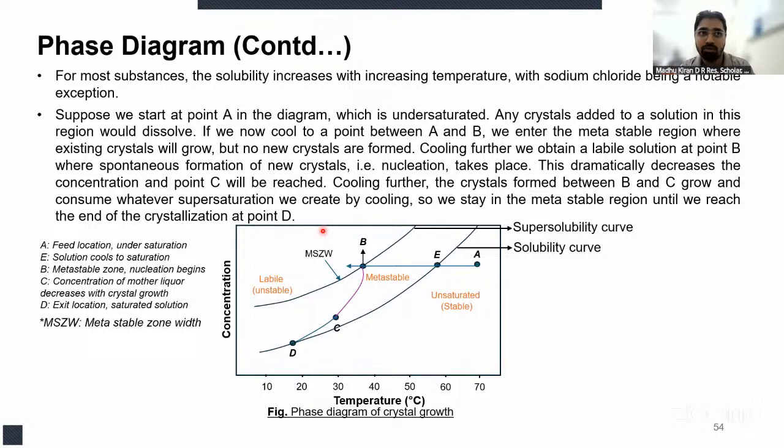When a large number of such small size nuclei are formed, maybe 50 to 60% of the supersaturation, which is the driving force for crystallization, is consumed for formation of nuclei, and there is no supersaturation or very limited supersaturation left for the crystals to grow. As a result, the crystal size that we get at the end of the crystallization process, if we start in the supersaturated zone, will be very low.